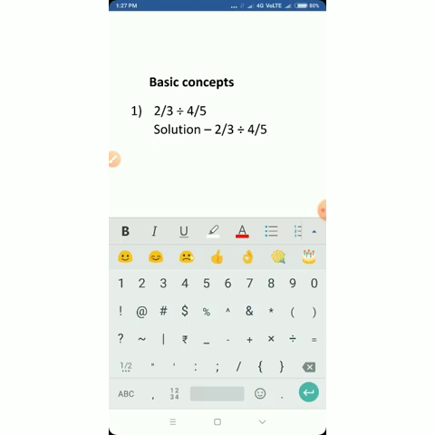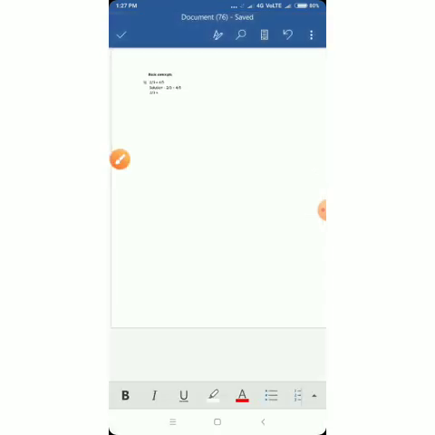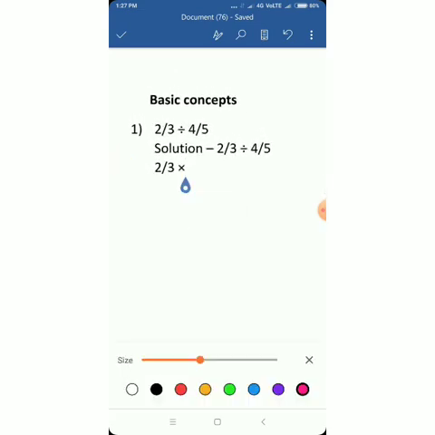Now next, again we will write 2 by 3. Now if we are changing the division sign to a multiplication sign, you can see this number is 4 by 5 and the division sign is there, and now I have written a multiplication sign, so I have changed the division sign to multiplication sign.